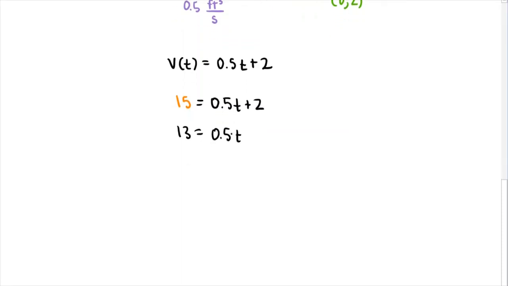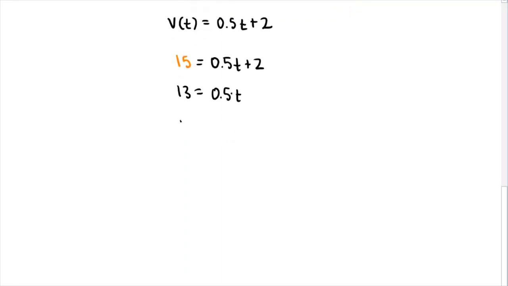To get rid of this multiplication by 0.5, I can divide by 0.5, and maybe a little bit more explicitly, this is 1/2 times t, right? 0.5 is 1/2 times t. And so dividing by 0.5 or dividing by 1/2, that's the same as multiplying by 2. Multiplying both sides by 2, the 1/2 and the multiplication by 2 would cancel out, right? 1/2 times 2 is 1, and so we'd just be left with t is equal to 26.